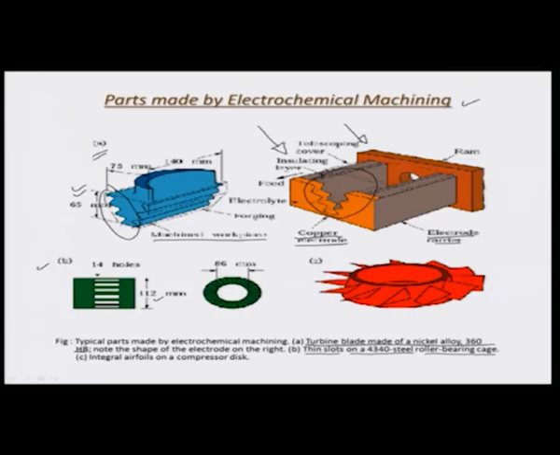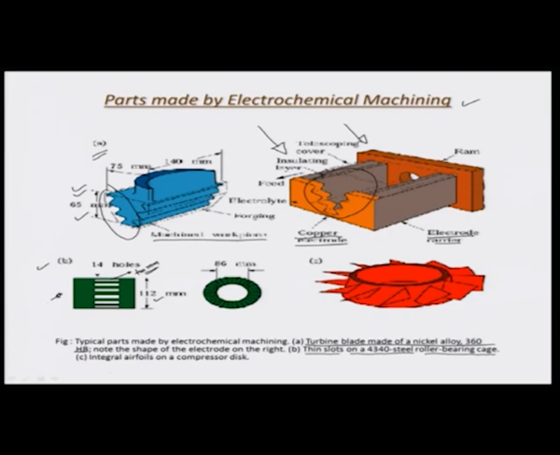So, each of the slots is close to about a few millimeters, okay. And so it is very easy for the ECM process to have a different scale aspect in the machining. You can go to macro level machining, and you can also go to very low size micro level machining, okay.